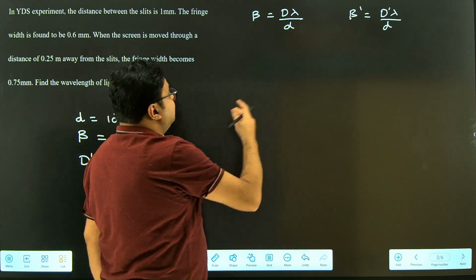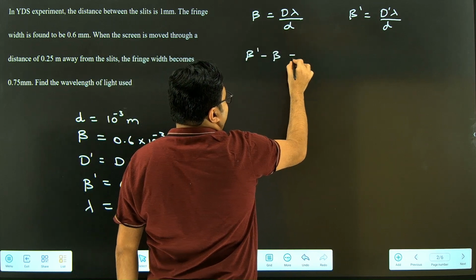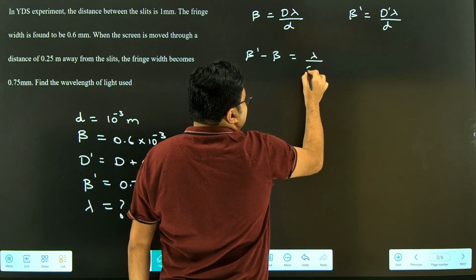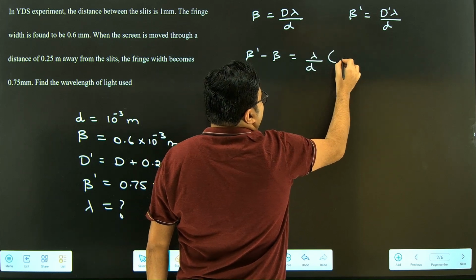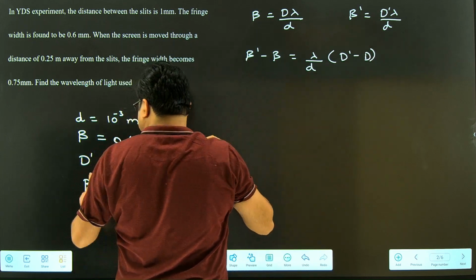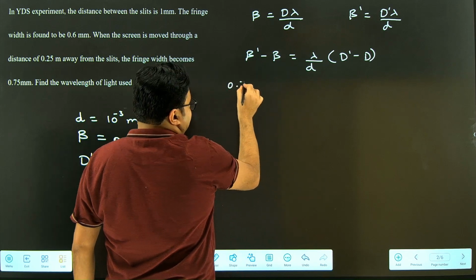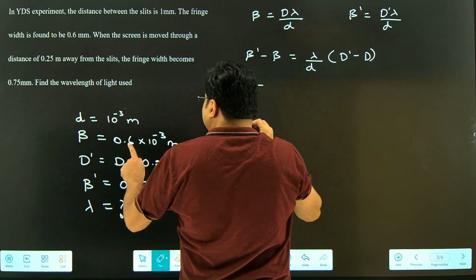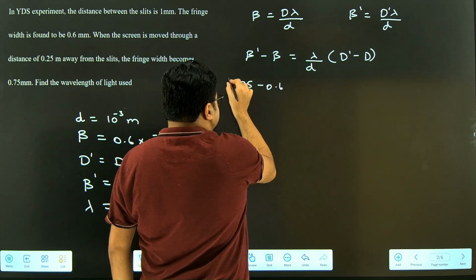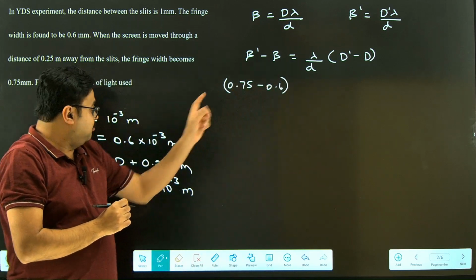I'd like to subtract both of these equations. Let's do beta dash minus beta. Let's see what you get. Lambda by d can be pulled out as a common factor. You will have D dash minus D. Let's substitute this. Beta dash is 0.75 minus beta is 0.6, and there is a 10 to the power of minus 3 associated with both of them.